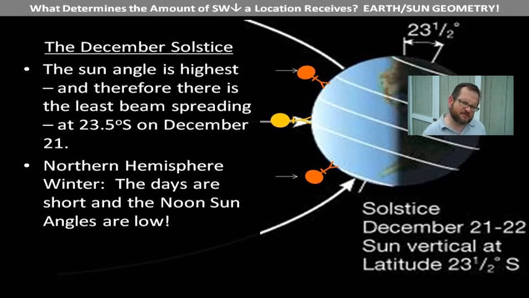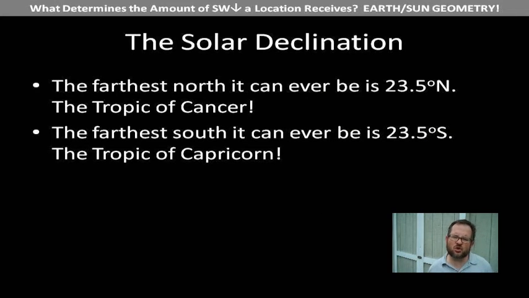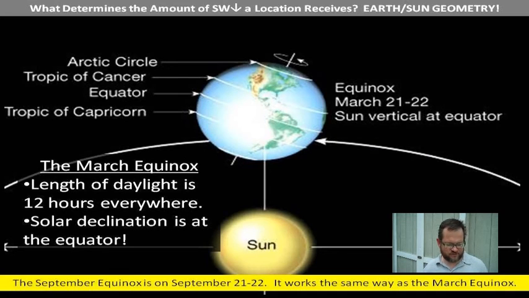Let's think about what this means about the solar declination. Remember, the solar declination is the latitude at which the sun will be directly overhead on some given day. The farthest north it can ever be is 23.5 degrees north, and the farthest south it can ever be is 23.5 degrees south, and every other day it'll be someplace in between, like on the March equinox, which is roughly March 21st. Then the sun is going to be directly overhead at the equator.